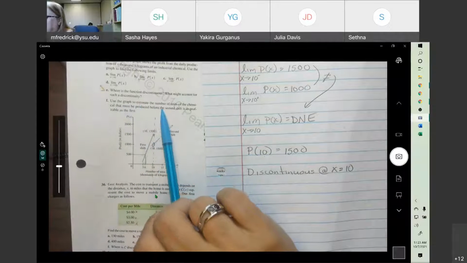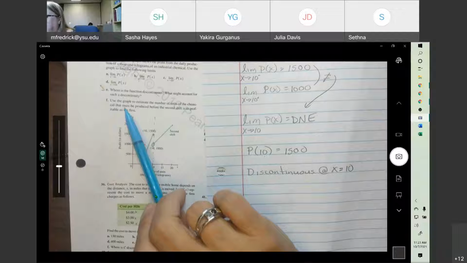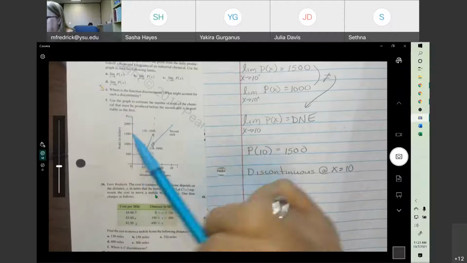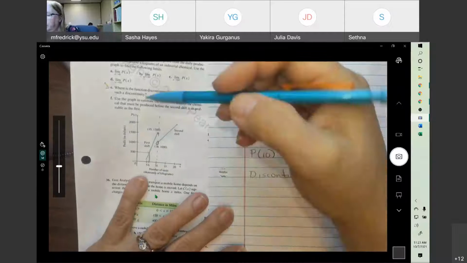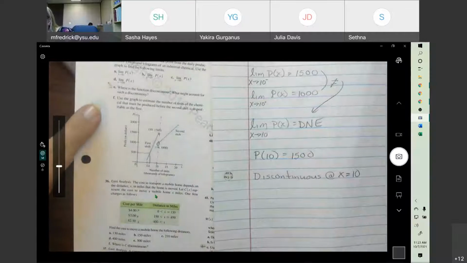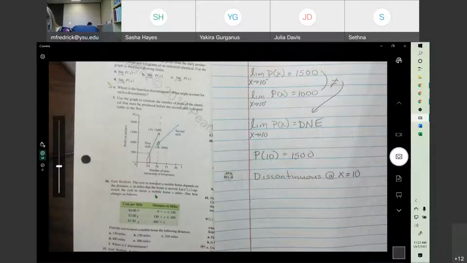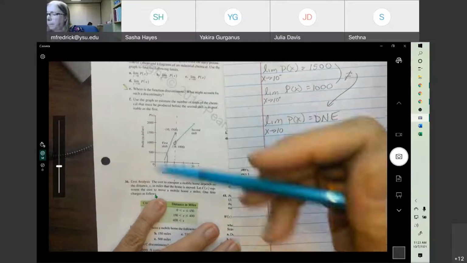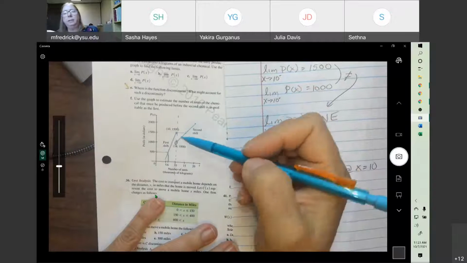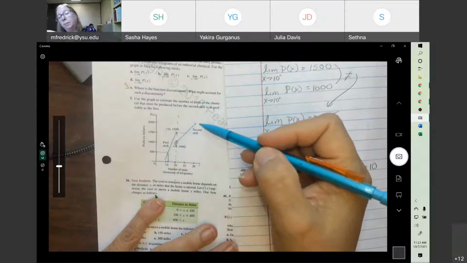Use the graph to estimate the number of units of the chemical that must be produced before the second shift is as profitable as the first. Well, the second shift hits it sooner because there's stuff that doesn't need to be done because the first shift started different things up.